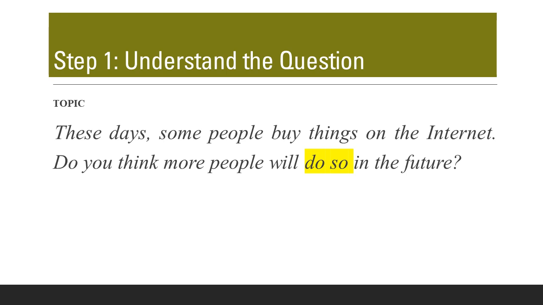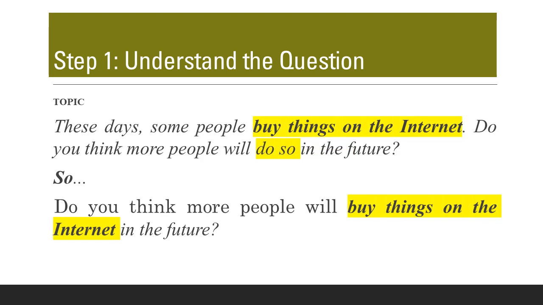However, the second sentence has a little bit of a difficult point. Let's see what that is. It says, do you think that more people will do so in the future? Now, do so can be a little difficult to understand. What do they mean? Do so. Well, this one's a good one to remember in case you see a question that looks just like this. But do so actually means the same thing as buy things on the internet. So, do so, really, you can just substitute buy things on the internet.